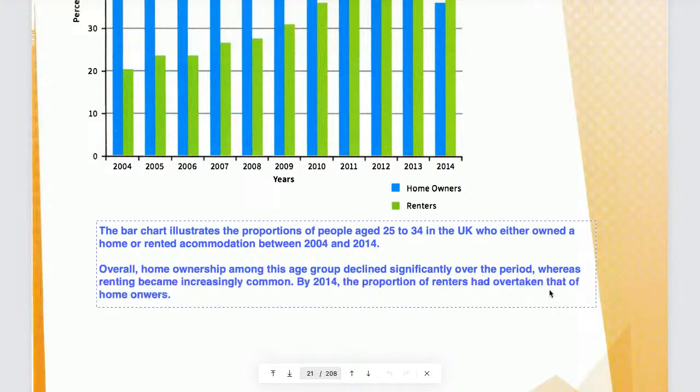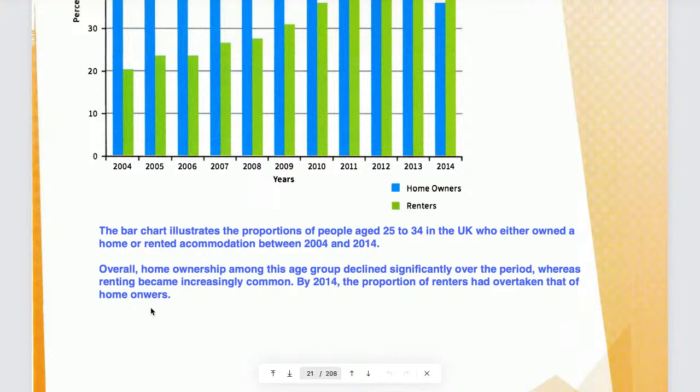And last time I already reminded you about the word that, right? Why is that? Do you still remember? Yes, in this case, that means the proportion. The proportion of renters had overtaken the proportion of homeowners.